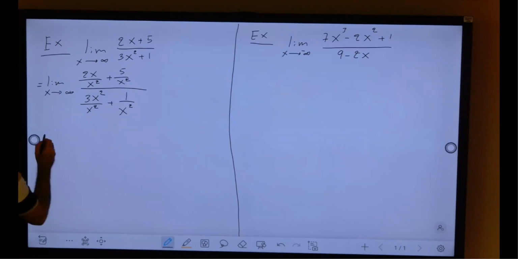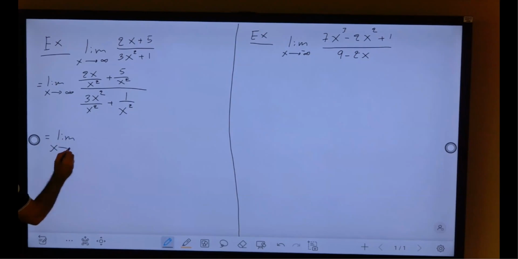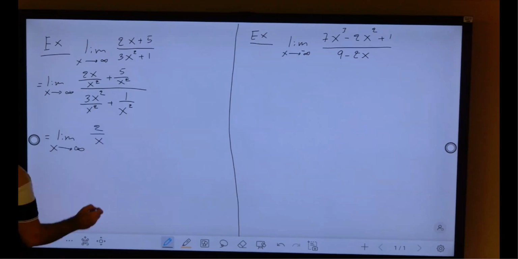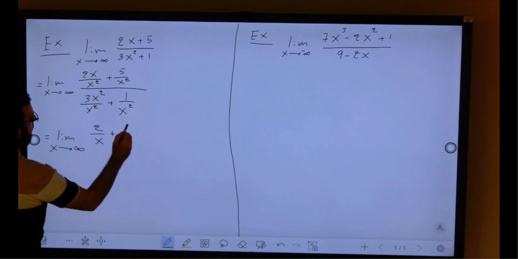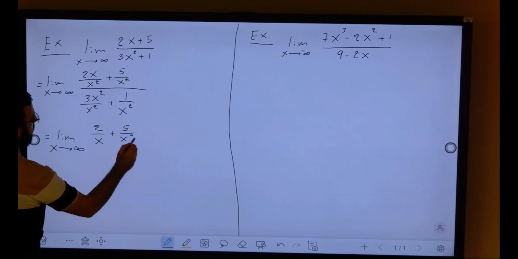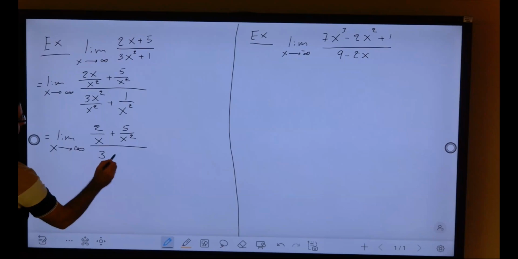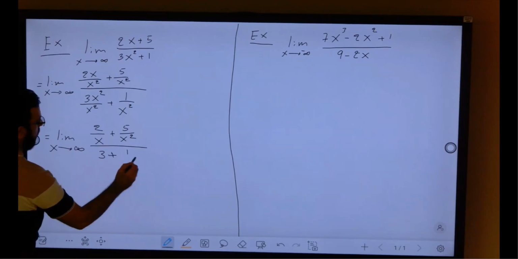Let's simplify it. It equals the limit when x approaches infinity. This one is going to be 2 over x plus 5 over x squared, over 3 plus 1 over x squared.